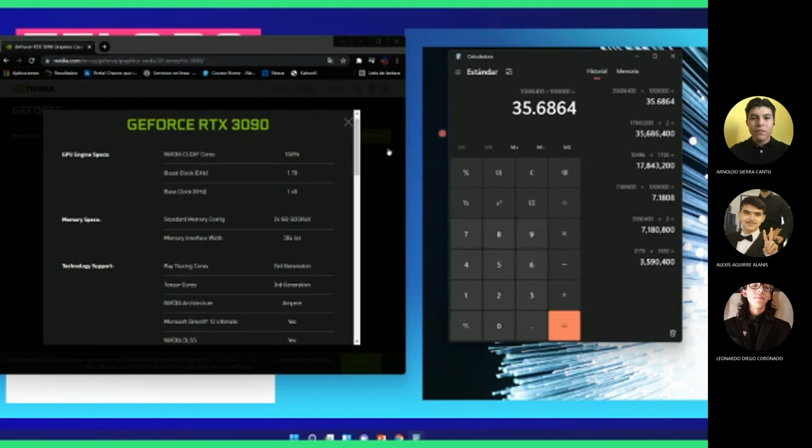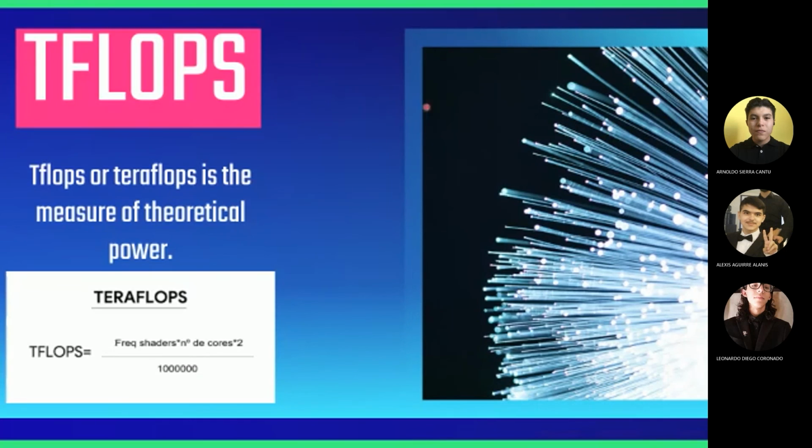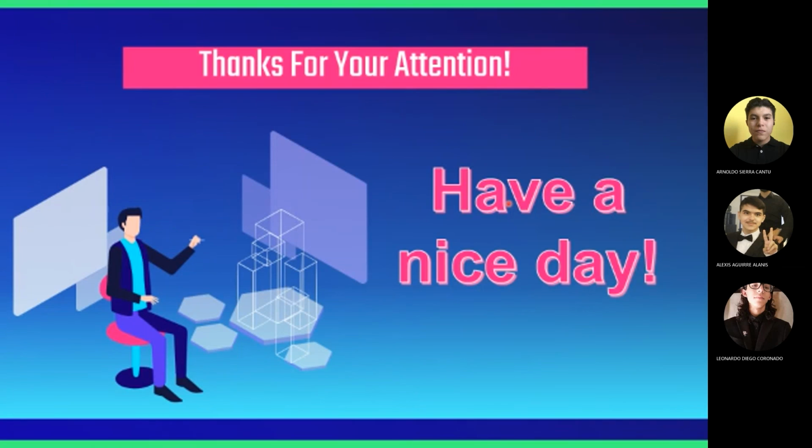The theoretical power of this graphics card is 35.6 teraflops. That's a lot, and there are also 24 gigs of VRAM, GDDR6X. That is very fast.